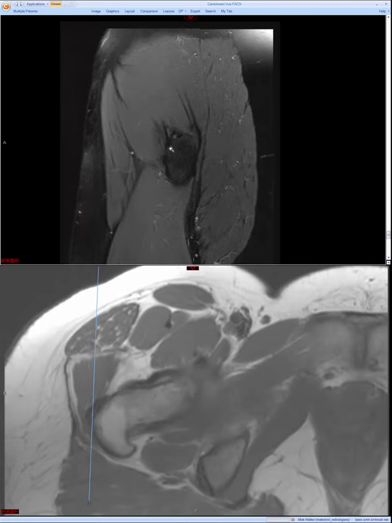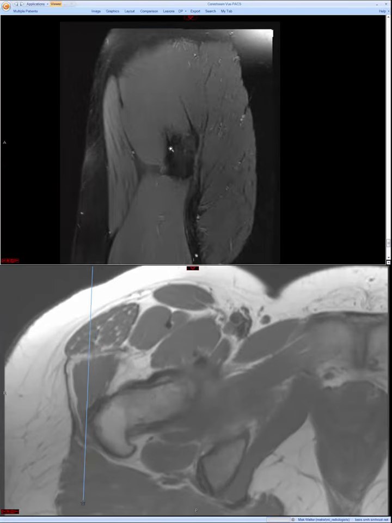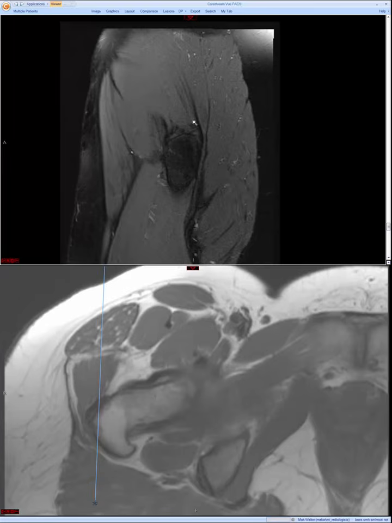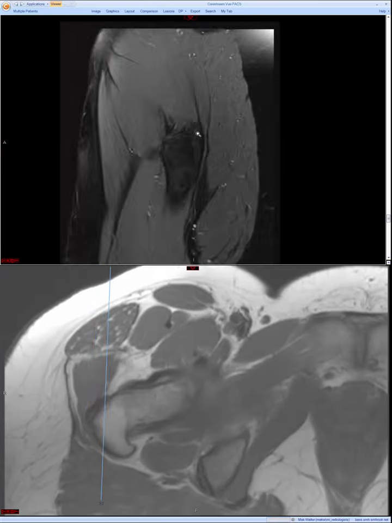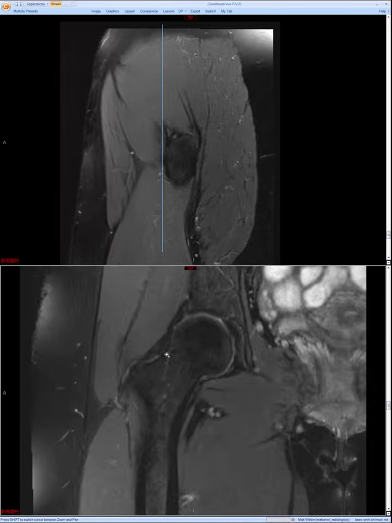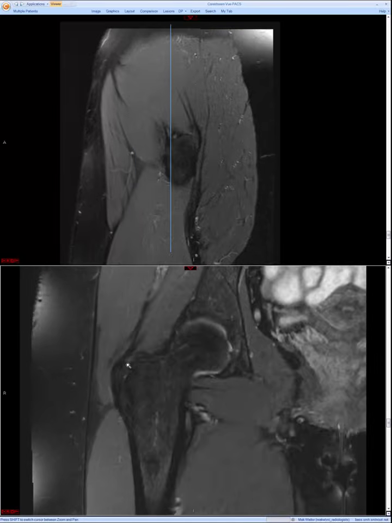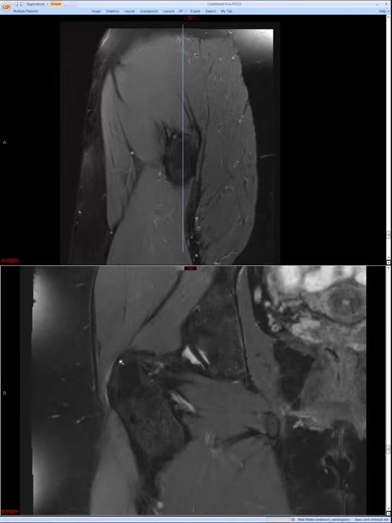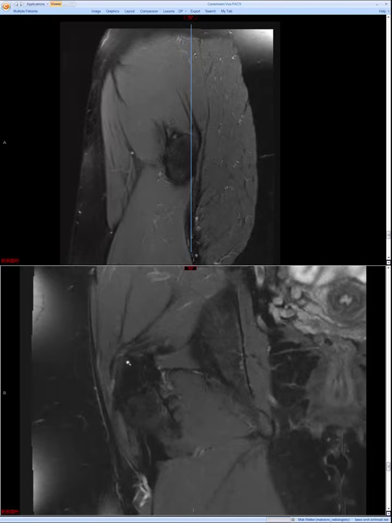parallel with your transducer. If we scroll slightly more lateral still, we're going to see components of the gluteus medius tendon. The gluteus medius tendon has two broad insertions. It will insert upon both the lateral facet, right here, as well as the superior posterior facet of the greater trochanter.